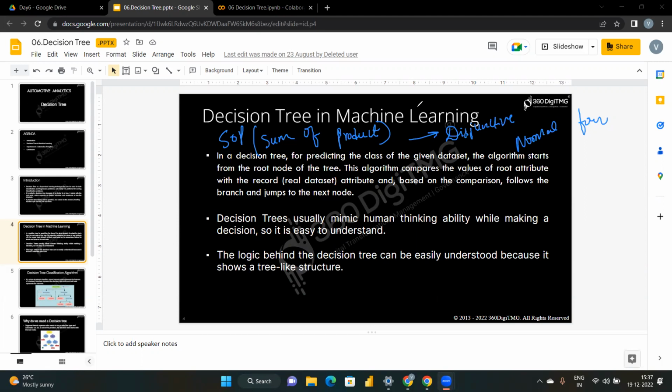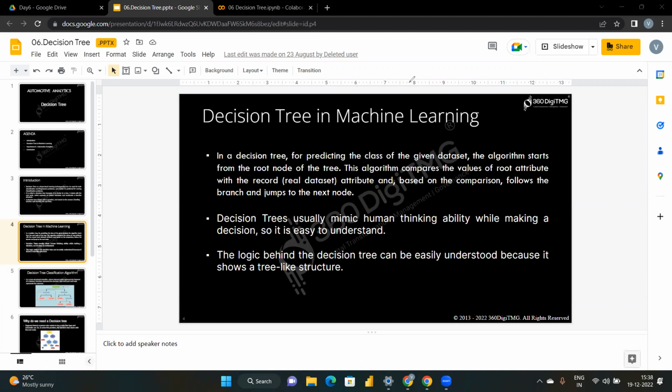Okay, so this was about the decision tree, guys. How is this decision tree going to work? The decision of making strategic splits affects a tree's accuracy. The decision criteria are different for classification and regression trees. So how are we going to use that?